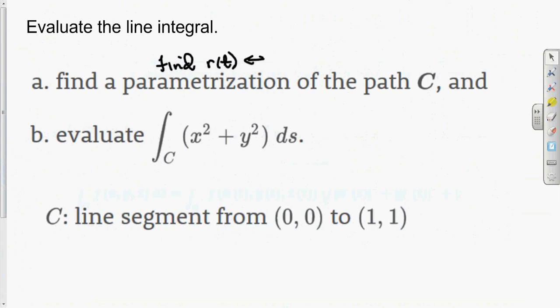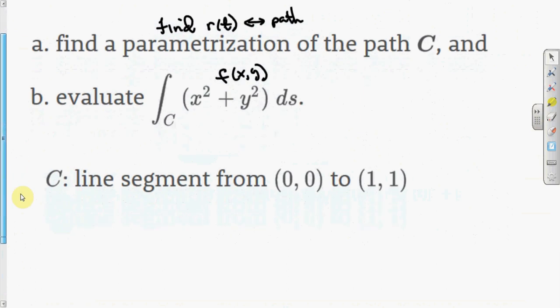We call this r(t) the path by which this function moves along, the path by which x squared plus y squared, again, this is the function, right? So to get the path, we look at the curve, said to be a smooth curve. Here, this is a line segment that's going from (0, 0) to (1, 1).